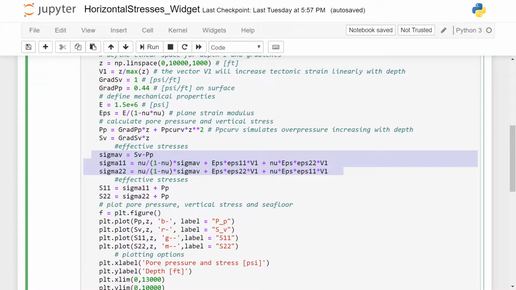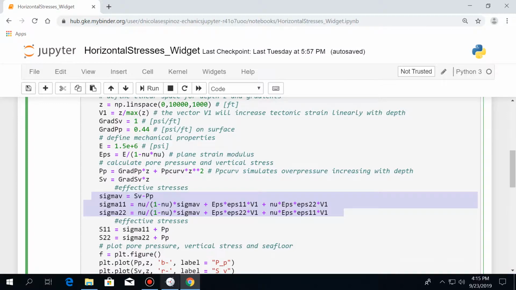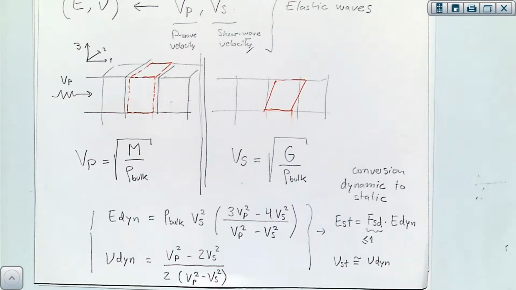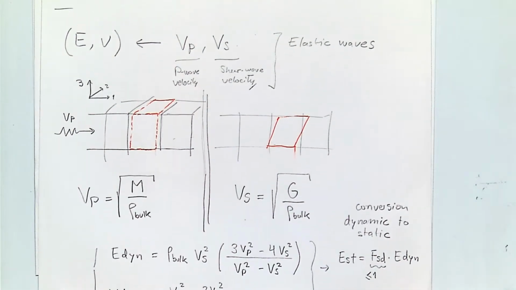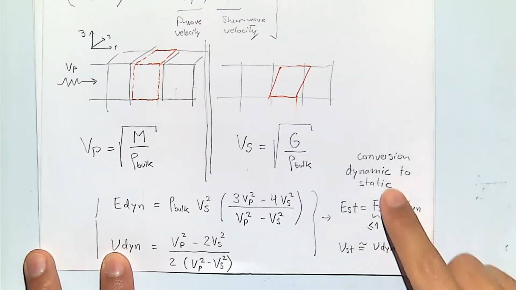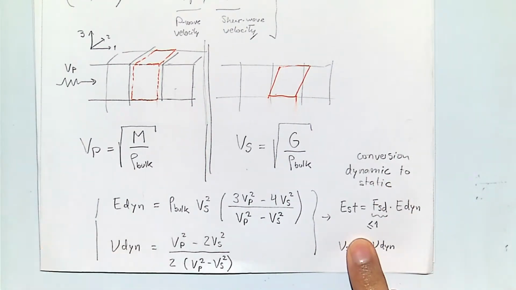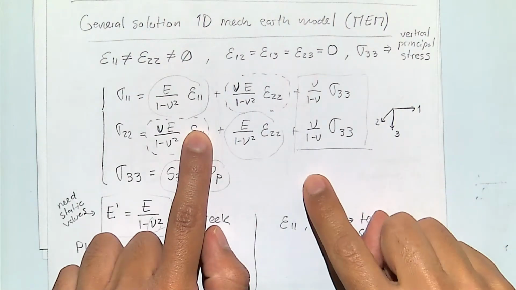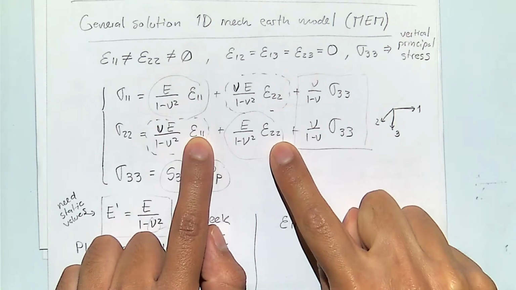All right, so you have to do this for your problem, but you're going to have a Young modulus and a Poisson ratio at every single depth. And with the same equations that we used, you just apply it to every single point. And if you have the Young modulus, if you have the Poisson ratio, I'm giving you the value of tectonic strains.